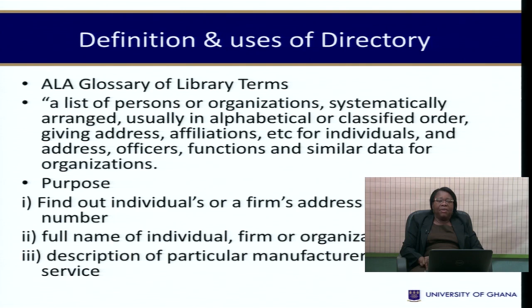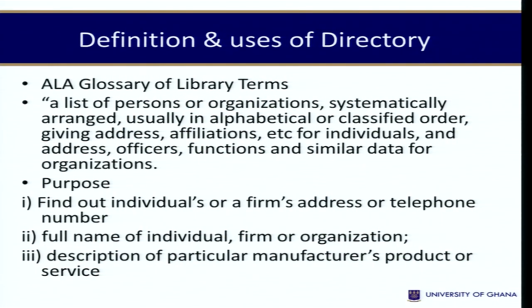Now, you would use a directory to find out an individual's address or telephone number, or you use a directory to find out the full name of an individual or a firm or even an organization, or even you want to know the particular manufacturer's product or service. Directories are very useful and they give you handy information.